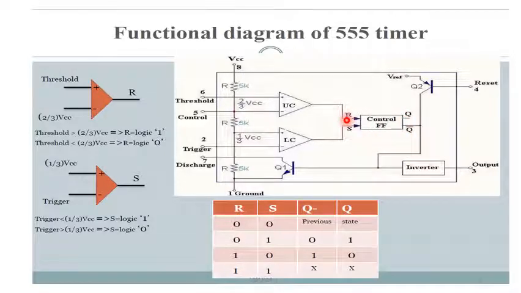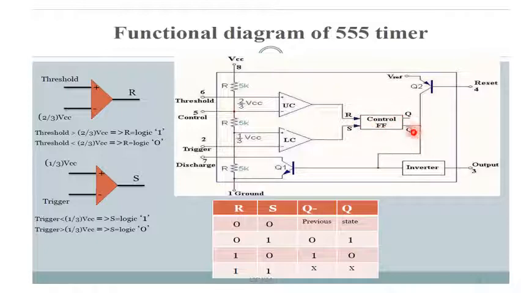When R is 1 and S is 0, the output will be 0 and its complement is 1. When both are 1, it is indeterminate, so the output is not defined. So this is about the SR flip-flop.